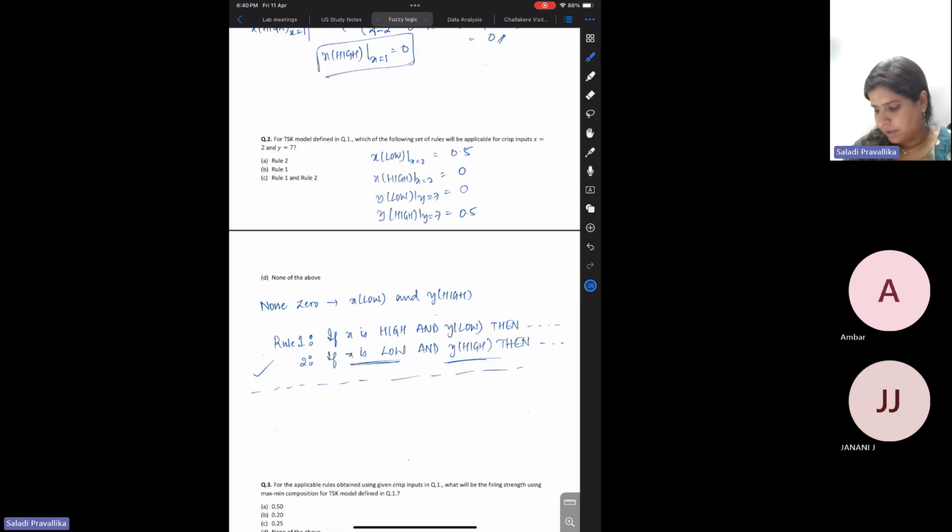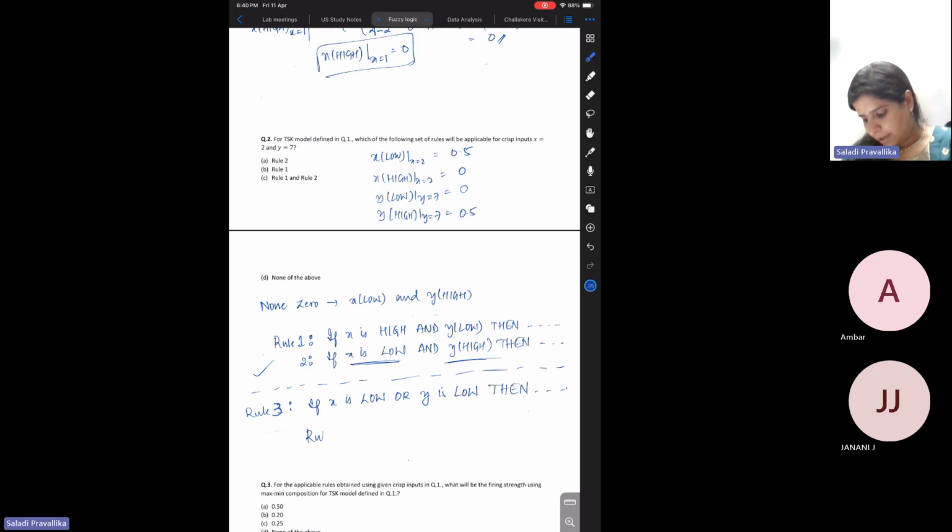Okay, so just a little bit of change. I just want to ask a different question. This is a different set of rule that I'm giving. Let us call it rule 3. If x is low or y is low, then some consequence. Does rule 3 apply? Any answers for this?